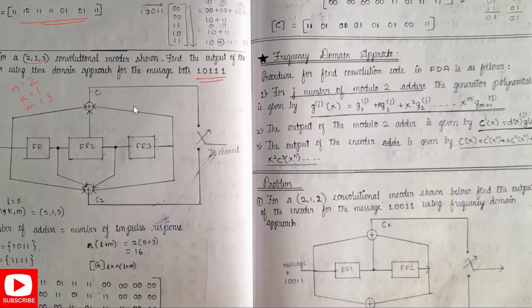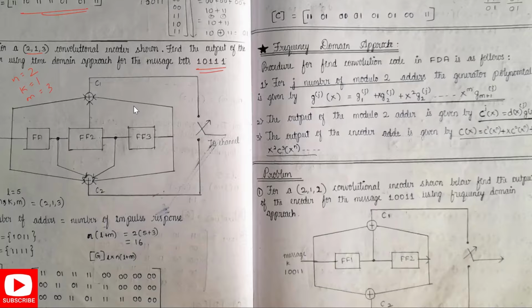From flip-flop 2 it is going as 1 and it is 1. Coming to G2, how much are we getting? We are getting 4 inputs here, so it is 1, 1, 1, 1. This is our C1 as output and C2 as output.